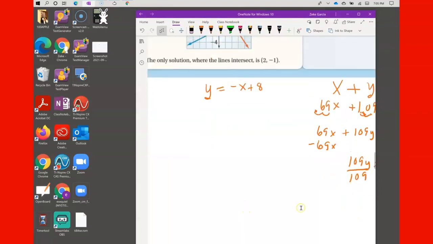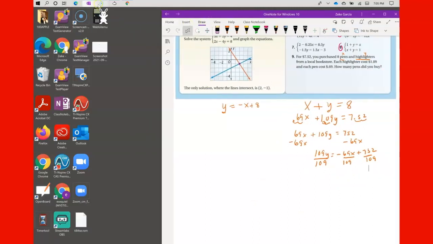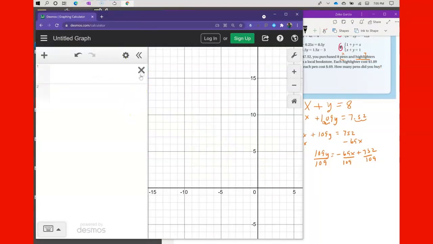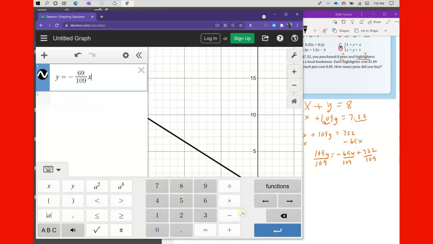So I'm going to go ahead and move it to the side, and I'm going to pull out Desmos. I'll go ahead and write in the first equation. So we have y equals negative 69 divided by 109 x plus 752 divided by 109.